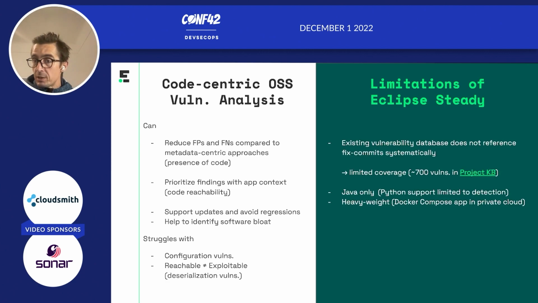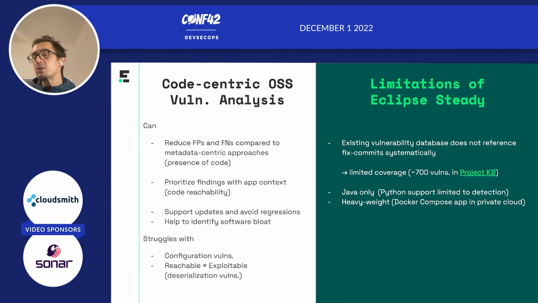The particular limitations of Eclipse Steady are as follows. First, as I've mentioned earlier on, none of the existing public vulnerability databases references fixed commits in a systematic fashion. This is why the tool has a limited coverage. So right now there are 700 vulnerabilities in a dedicated open source project called Project KB, where we listed the fixed commits for those 700 vulnerabilities.